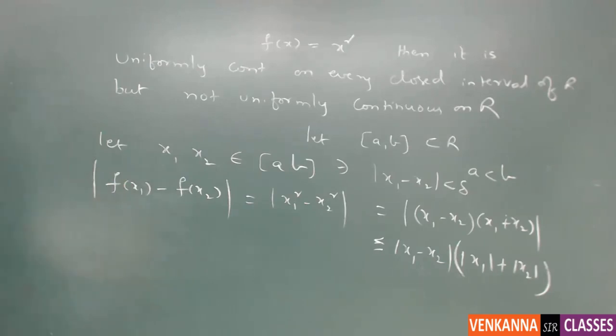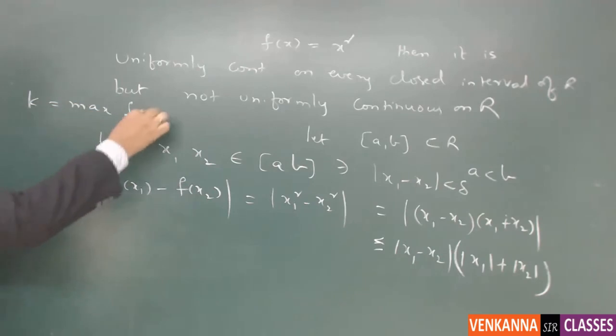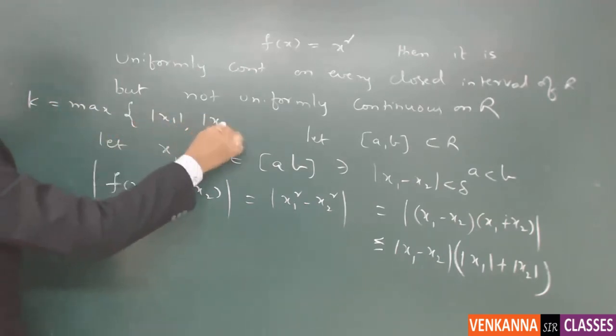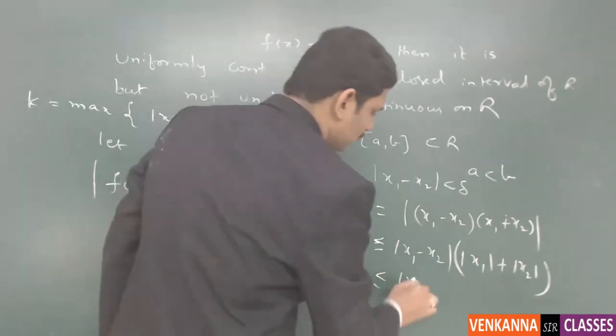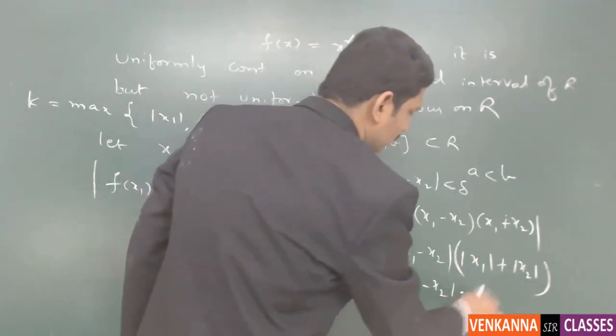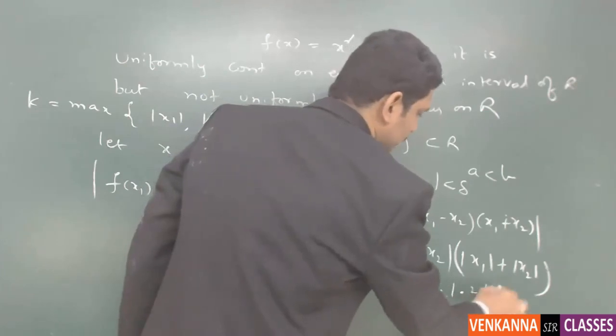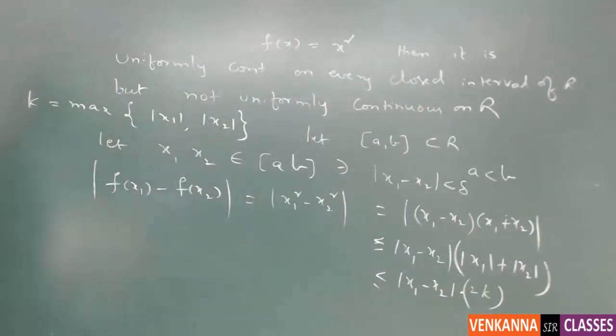So you are going to take that k is equal to maximum of modulus of x1 comma modulus of x2. This ideology I have already discussed, as one of our friends asked a question. So among the two modulus values, you take the big one, that is k. So here you can say that it is less than or equal to mod x1 minus x2 into k plus k, 2k. Accepted?